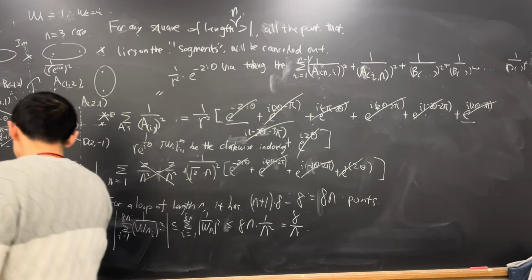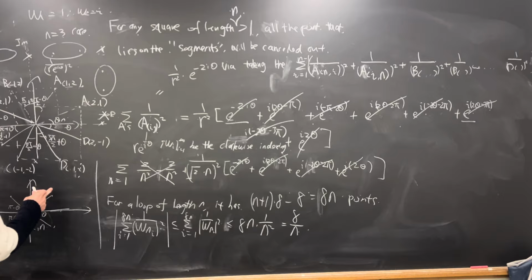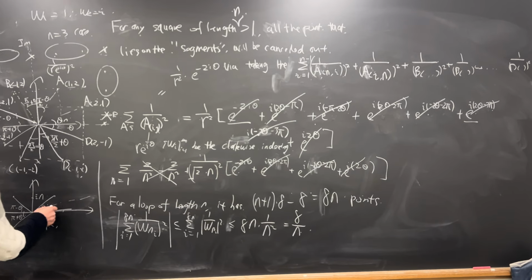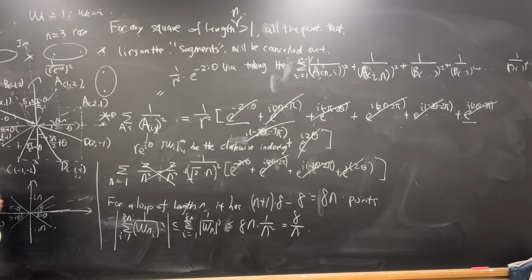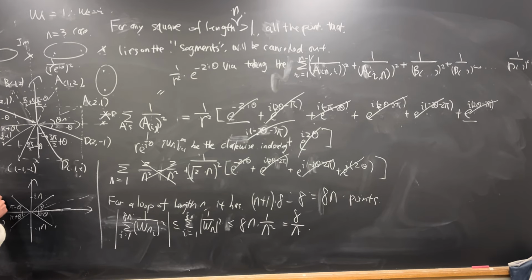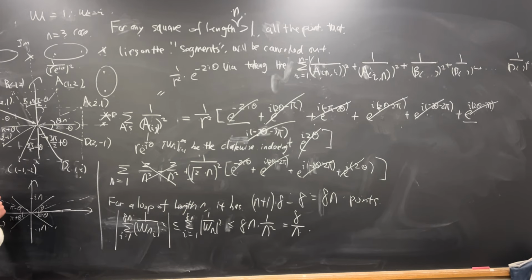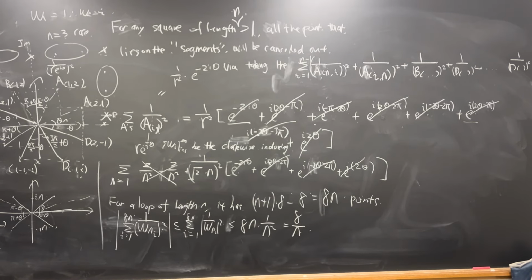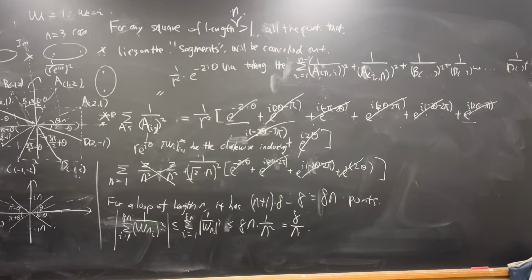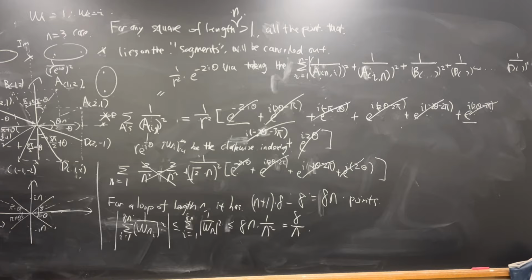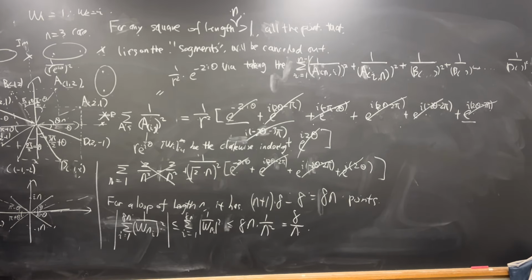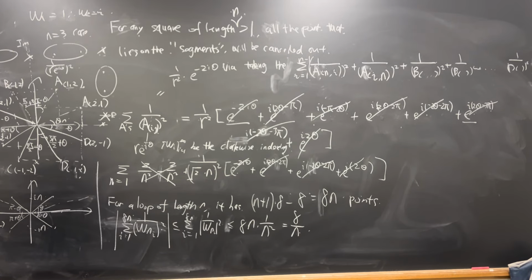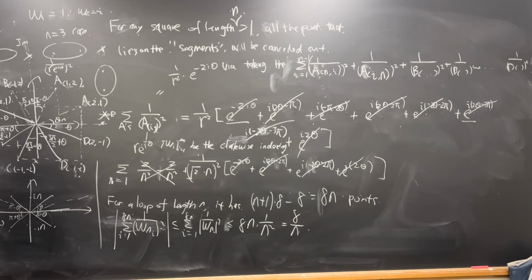Just imagine this is theta and then pi minus theta. We take theta to be somewhere here, and you do the symmetry around the imaginary axis, and you always get pi minus theta. Then you do the symmetry around the real axis, and you also get pi plus theta, and then minus theta. So I think the corner argument still works.